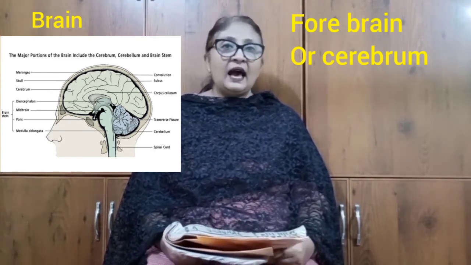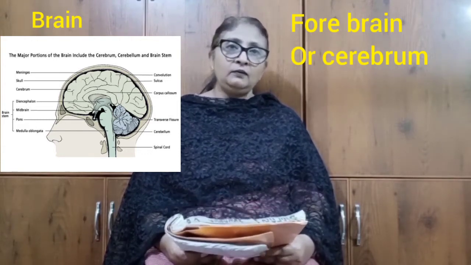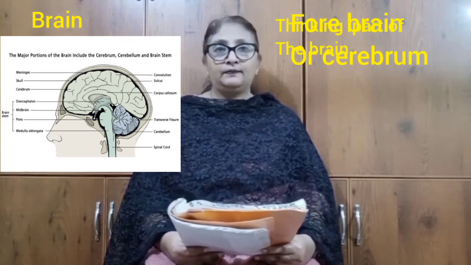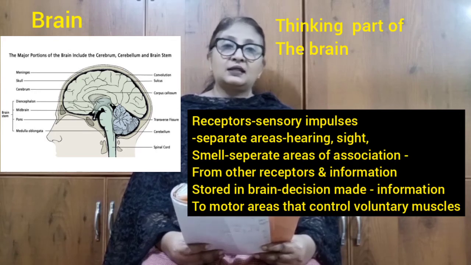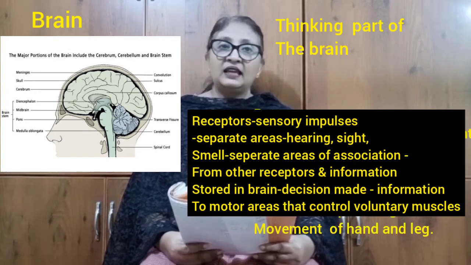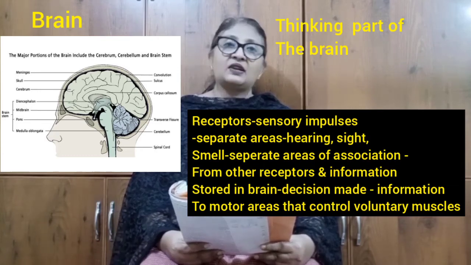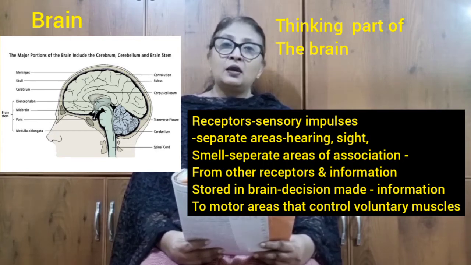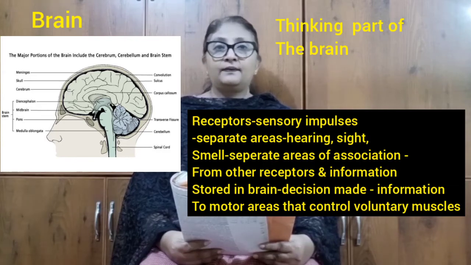Now let us analyze the functions of forebrain. Forebrain is the main thinking part of the brain. It has separate areas for hearing, sight, smell, etc. Therefore, the sense organs send signals to these separate areas.